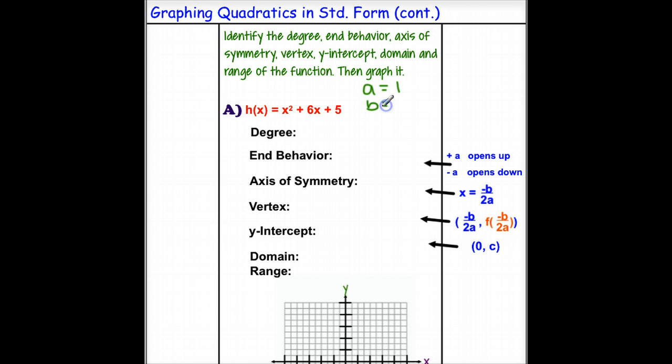B is equal to 6, and C is equal to 5. So that being said, when we talk about the degree, know that this is a quadratic, which tells us that it is a degree of 2, and it has 3 terms, so that would make it a trinomial.